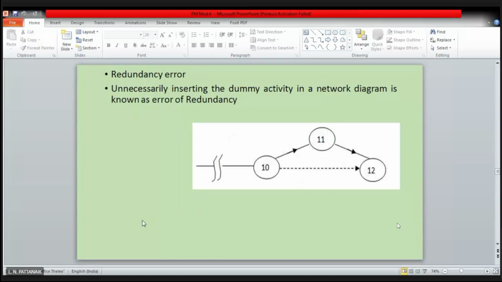Then this is called redundancy error. This is related to your dummy activities. Unnecessarily inserting a dummy activity in a network is called error of redundancy. As I told you already, you are permitted to use dummy activity, meaning this dotted line is a dummy activity, but it should not be unnecessary.